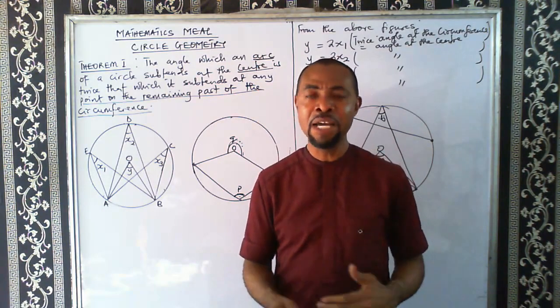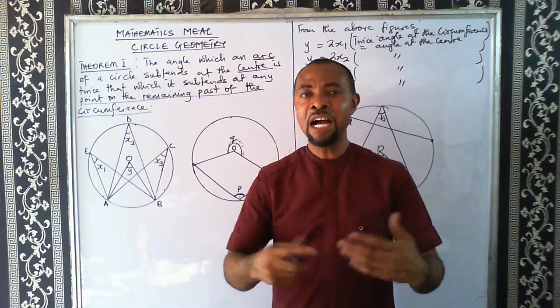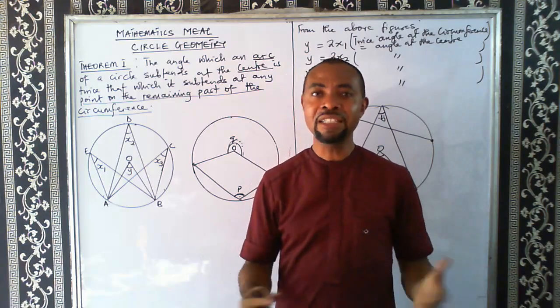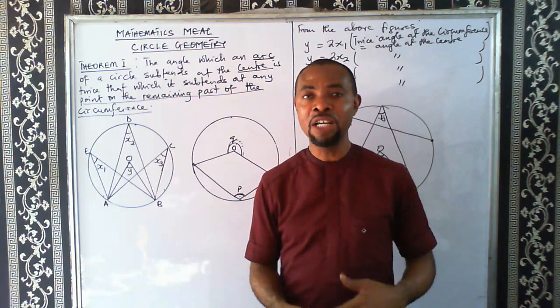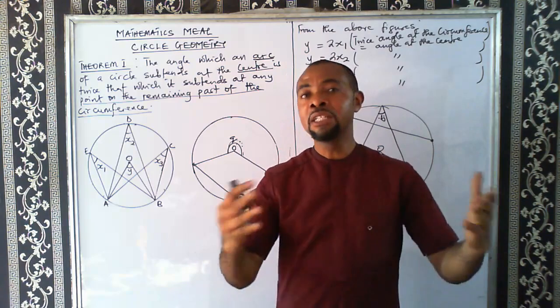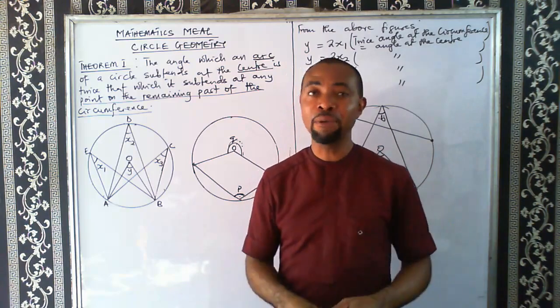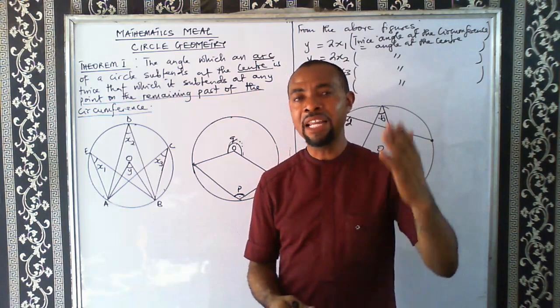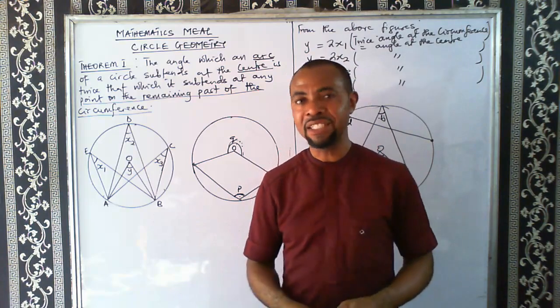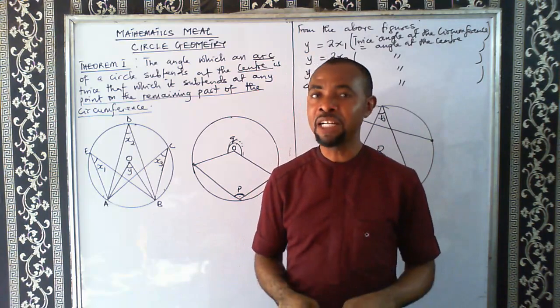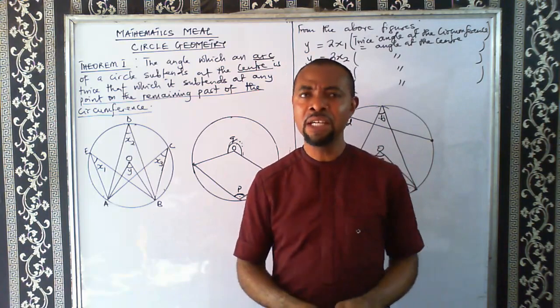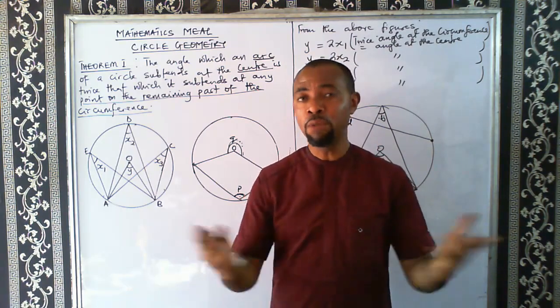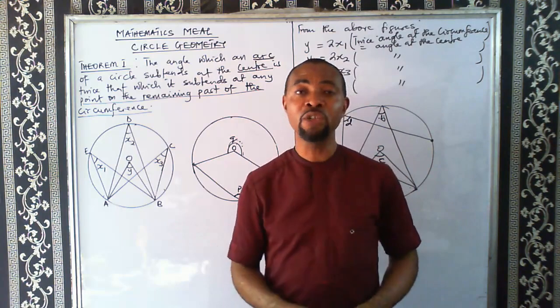So many of them. Then you move to tangents. You have angles in alternate segments are equal. We talk about two tangents that meet at an external point are equal. We talk about a line drawn from the center to the point of tangency in a circle is perpendicular to the tangent.